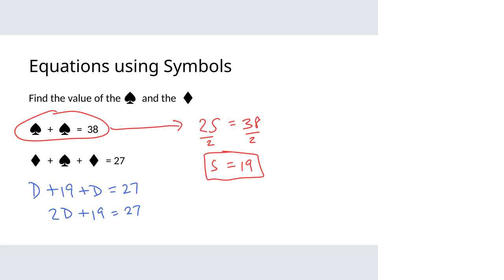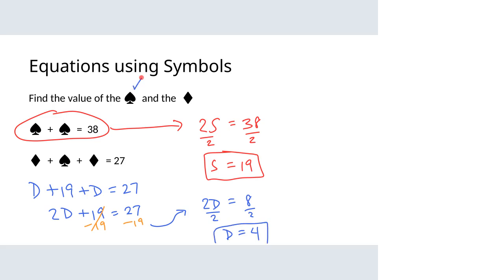If you have questions about anything I've done so far, let me know. We'll subtract 19 from both sides. Those cancel. And what we end up with at that point is 2 times diamond is equal to 27 minus 19. That's 8. And divide both sides by 2. We find out that the diamond is 4.